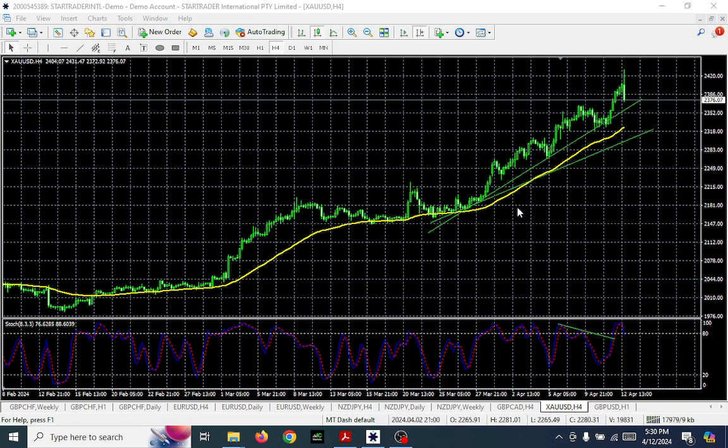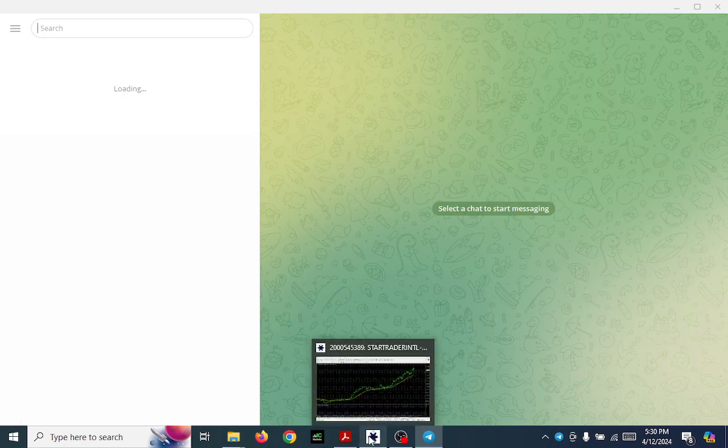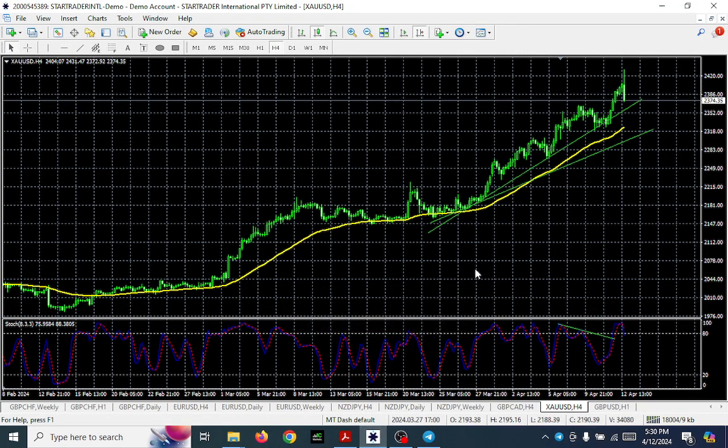Because of the war happening in the Gulf, Israel and Hamas and Iran and what have you, you see some countries have been stocking gold. China recently has stocked hundreds of millions of dollars worth of gold. Other countries are also buying gold. So these fundamental factors are pushing the price of gold up.